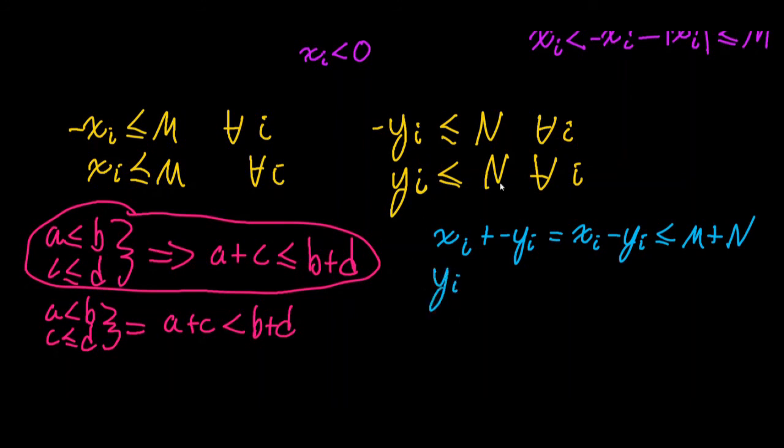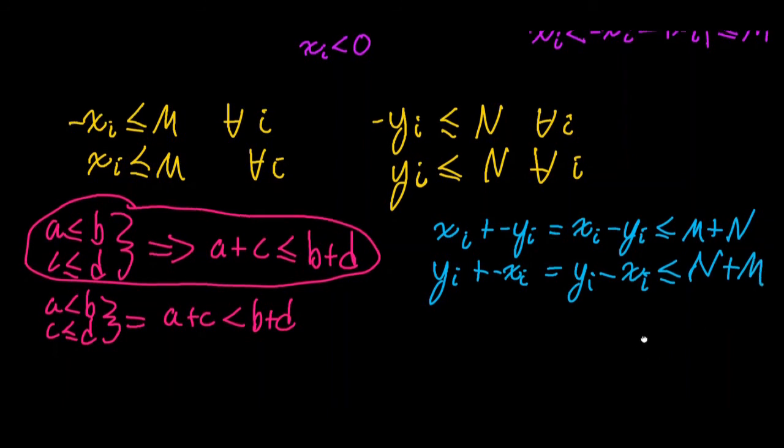Since yi is less than or equal to N and negative xi is less than or equal to M, then yi plus negative xi, which is equal to yi minus xi, is less than or equal to N plus M.